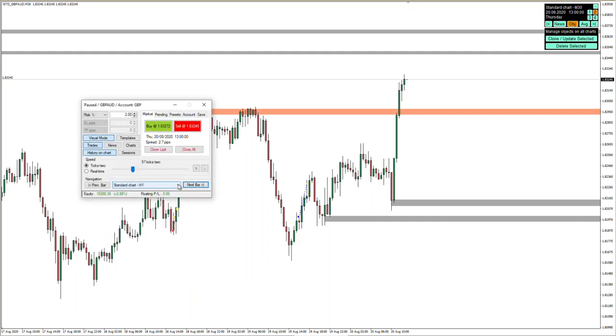So let's take it by M15 bars. There's resistance forming. Yeah, beautiful. And then another one. And another one. So now we got 3 pins.